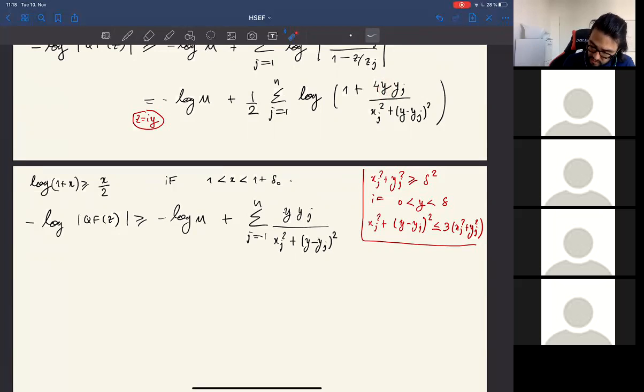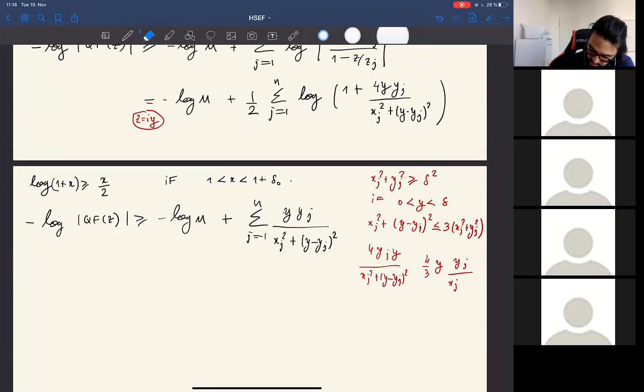So maybe what you should do, maybe I could even complement this thing here. Then what you should do is that 4yj divided by xj squared plus y minus yj squared would be greater or equal to, let's say, 4/3 of y, and then yj divided by xj squared plus yj squared.